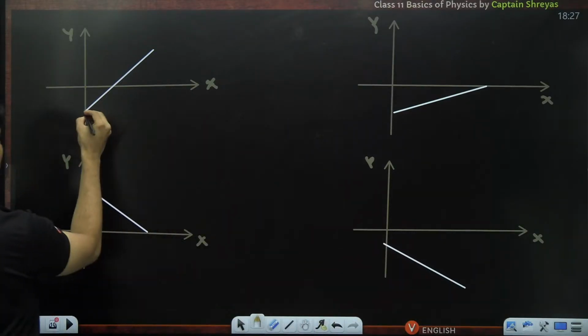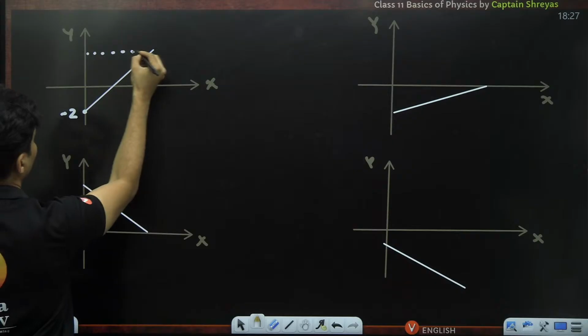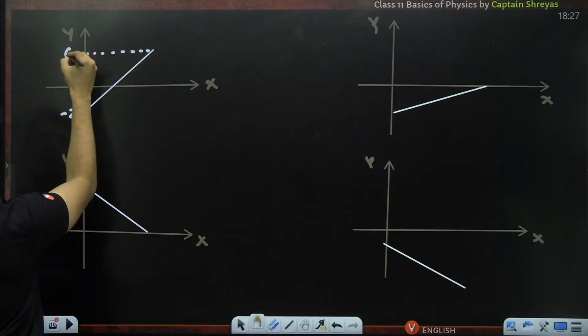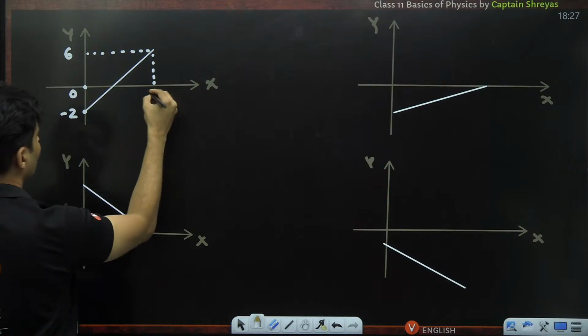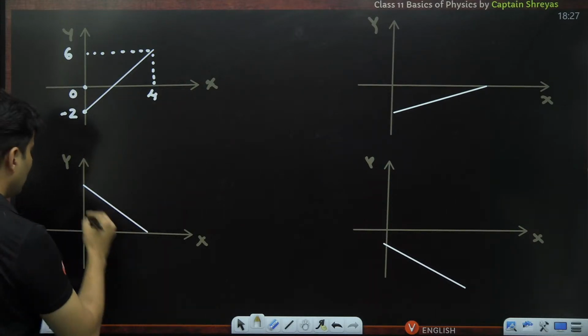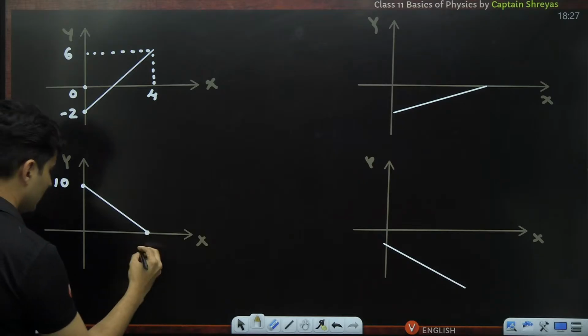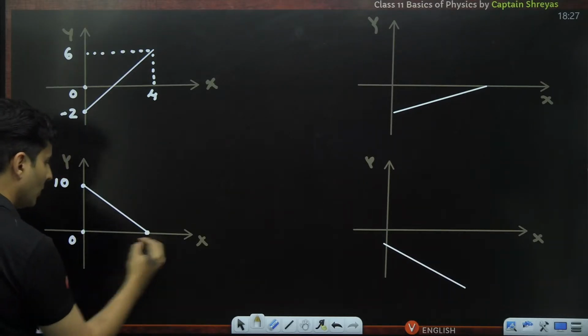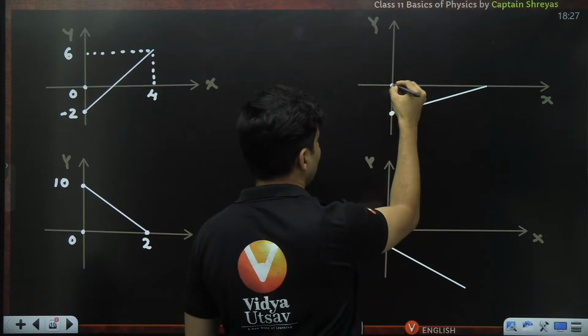So let us just start marking the values. Let's say this is -2, and let's say this is 6. Let's say this is obviously 0. Let's say this is 4. Let's say this is 10. Let's say this is 0. Let's say this is 2. Again this is 0.